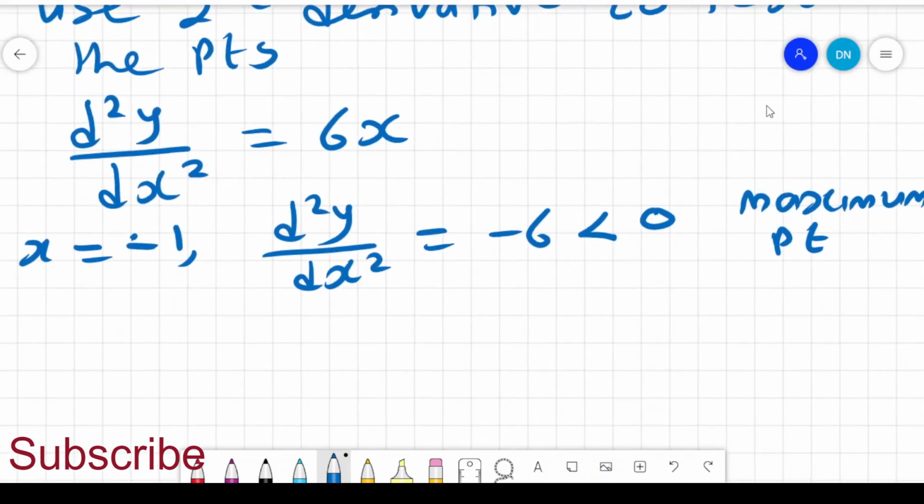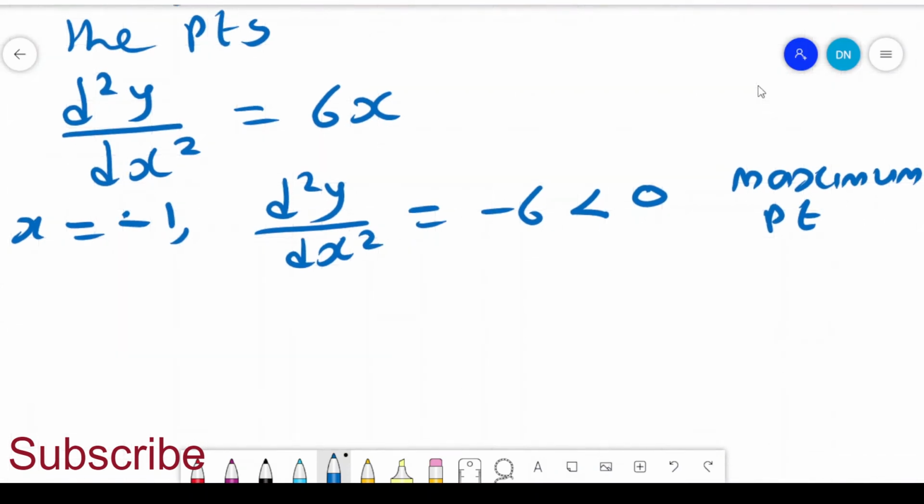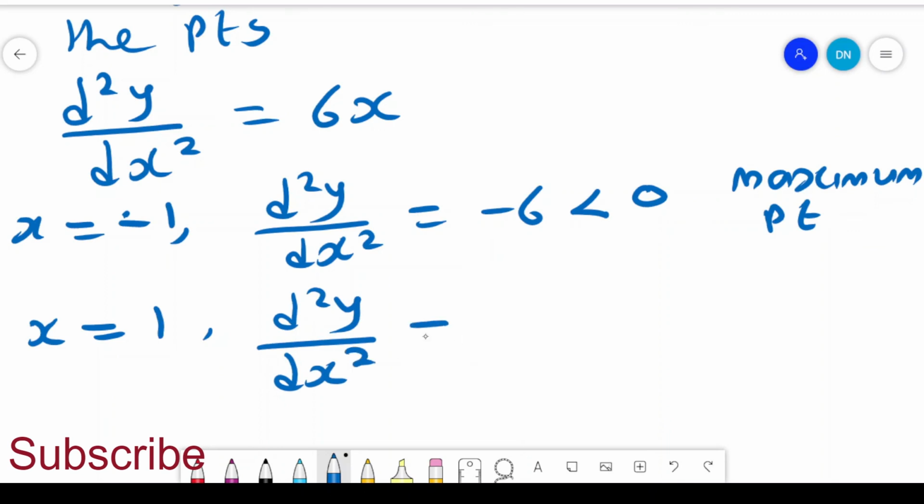The first is x equal to -1. Then d squared y over dx squared is equal to -6, and -6 is less than 0. That tells us that that point is a maximum point. If the second derivative in the second case is equal to 6, which is greater than 0, then this is what we call the minimum point.